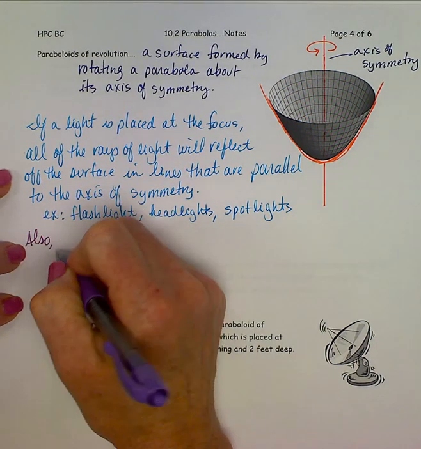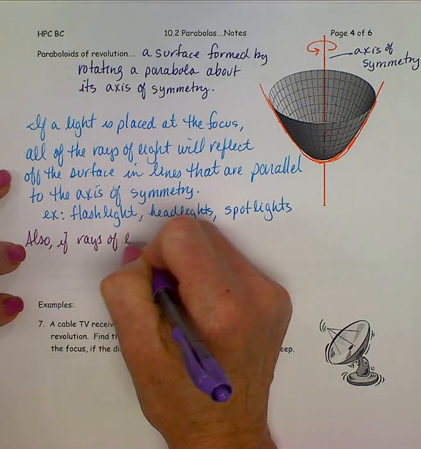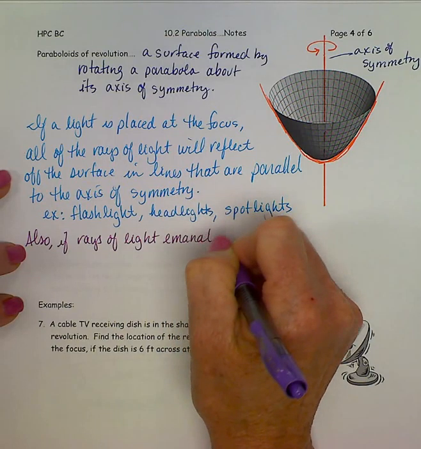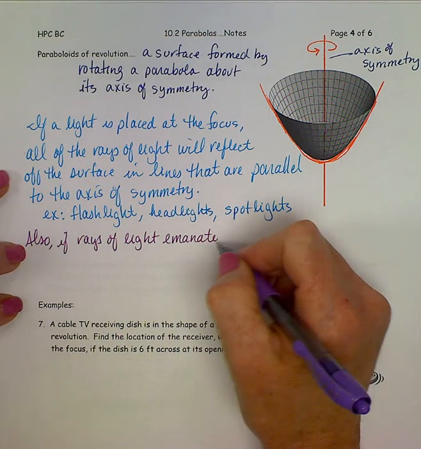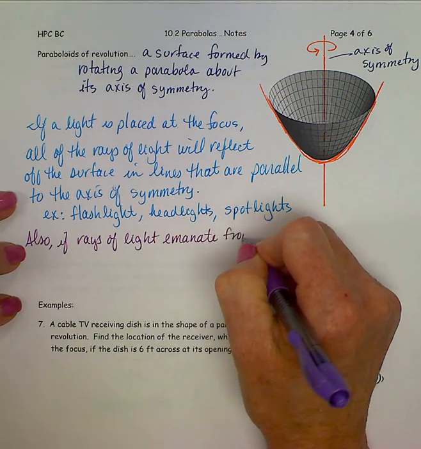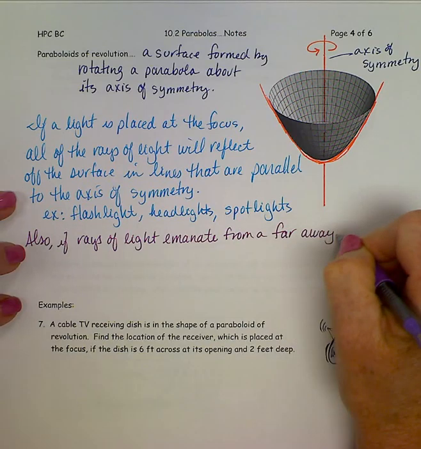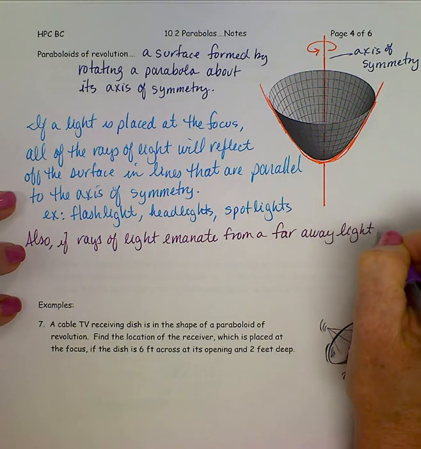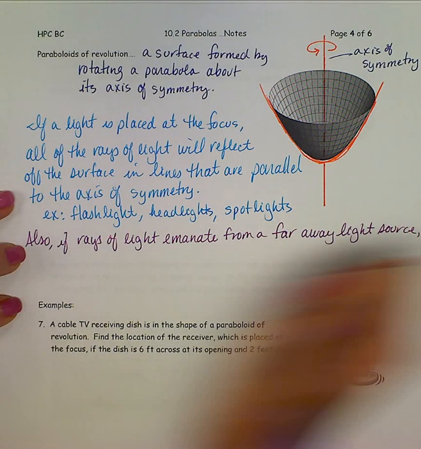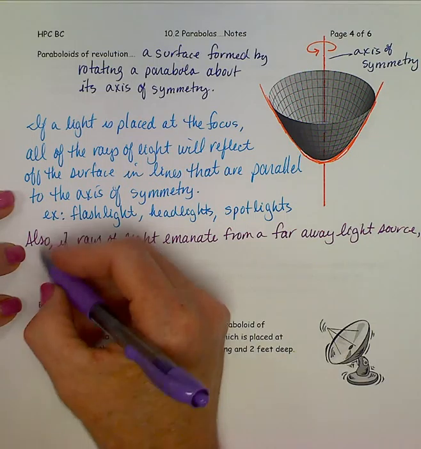If rays of light emanate from a faraway source, like the sun, they are essentially parallel.